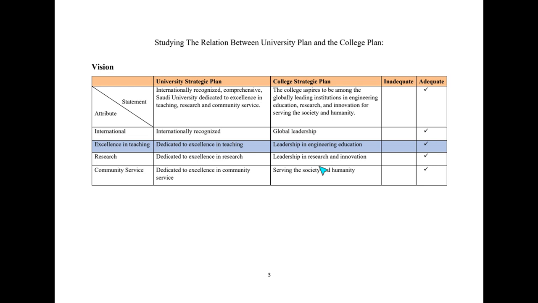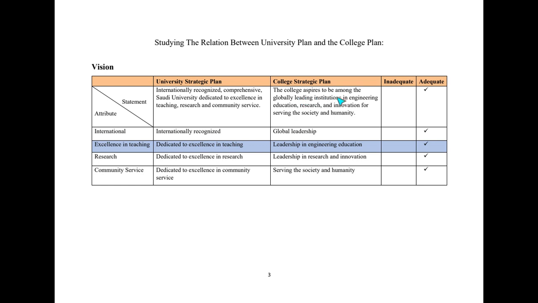So now here in the vision statement, if you read the statements, you see there are many parts where they intersect. These parts, we call them attributes here, and these are the attributes in this column. It's drawn from each statement. For example, excellence in teaching was mentioned in the university vision, as you can see, and also at the college level, where you can see leadership in engineering education.